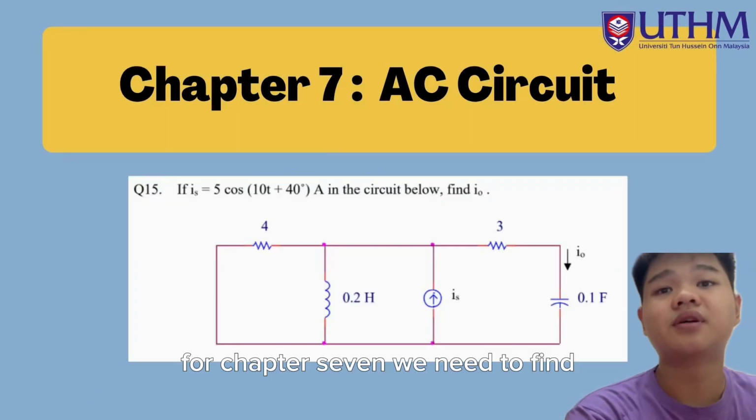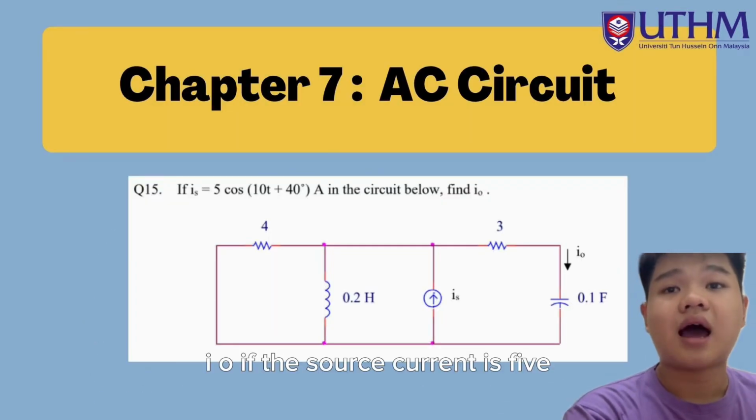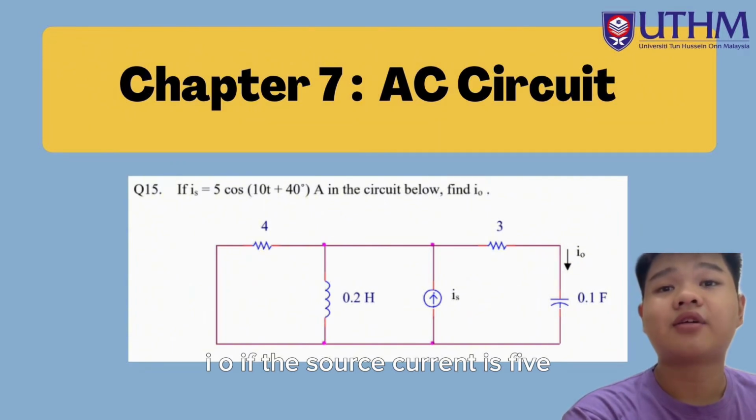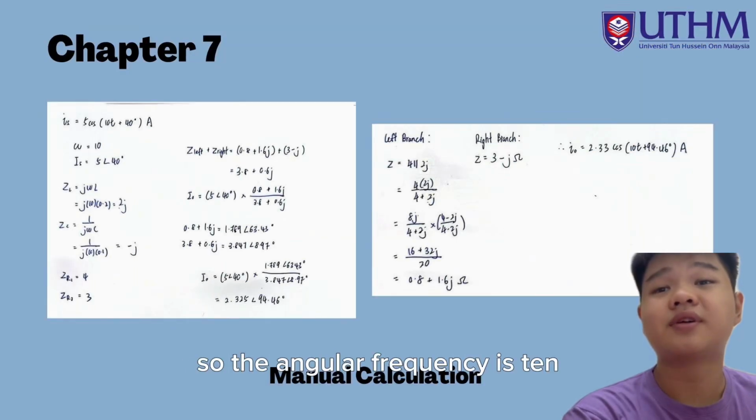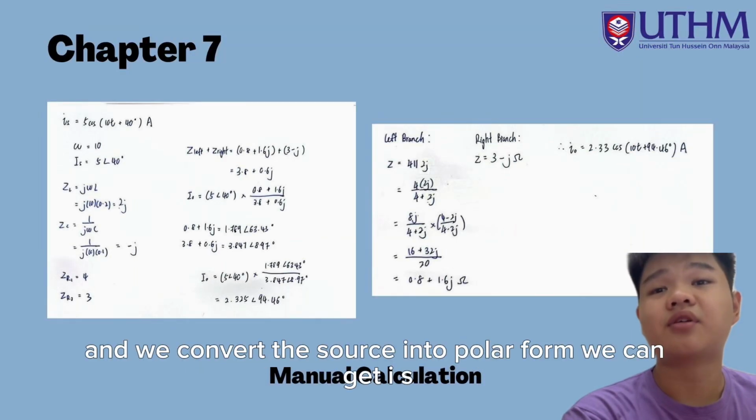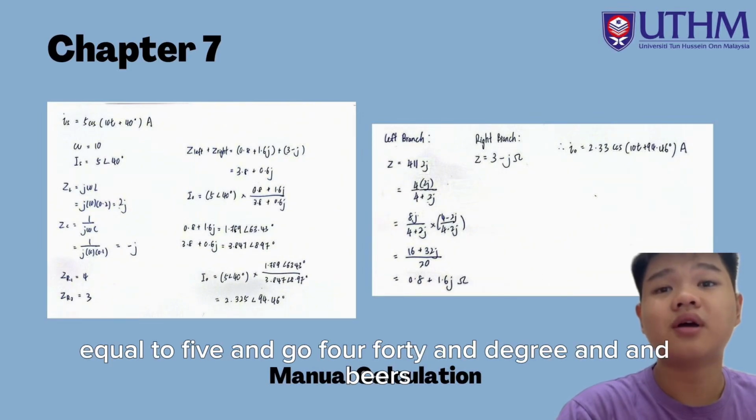For chapter 7, we need to find IO if the source current is 5 cos(10t + 40 degrees) amperes. So the angular frequency is 10, and we convert the source into polar form, we can get IS equal to 5 angle 40 degrees amperes.